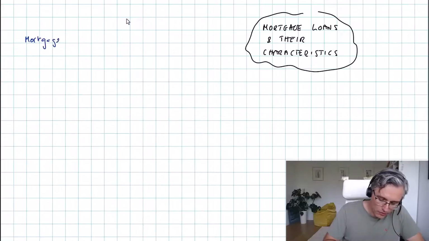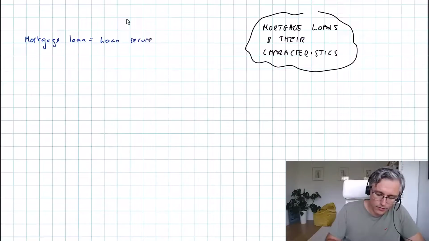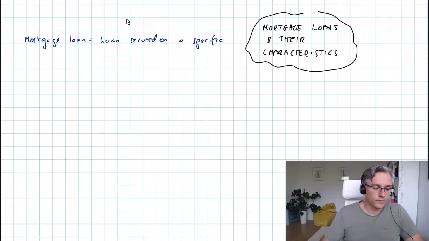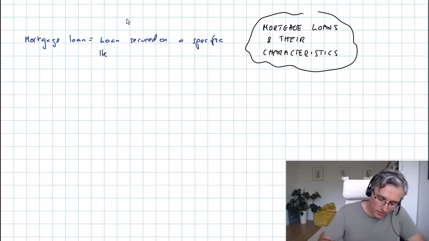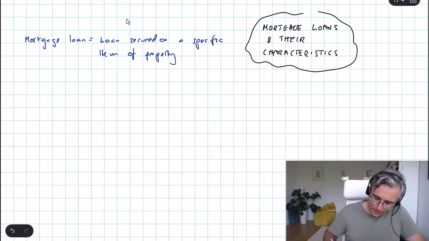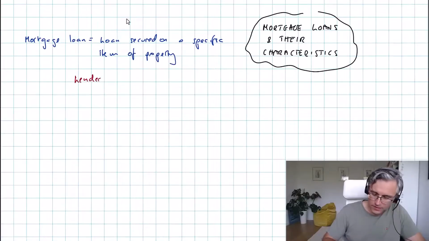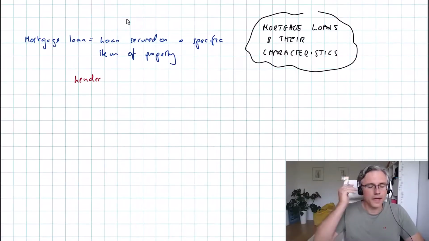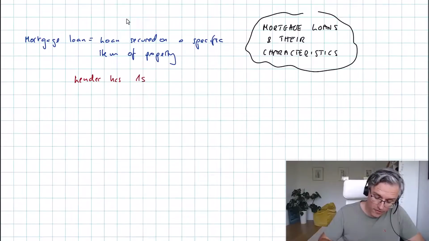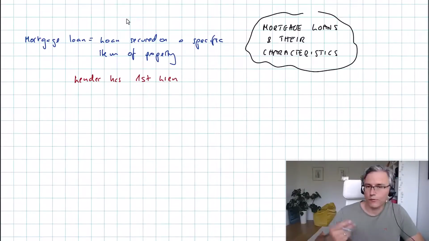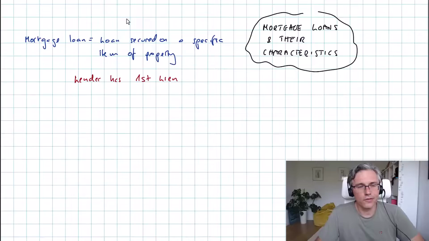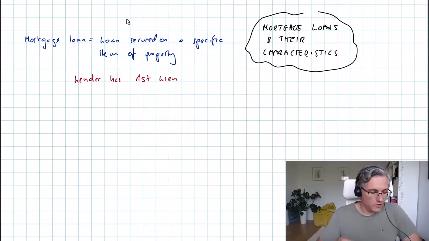A mortgage loan is basically a loan secured on a specific property, specific item of property, and the lender, so you can think of the lender as, I guess, the bank, has first line. We talked about lines, first line loans, or first mortgage loans, or indeed bonds.